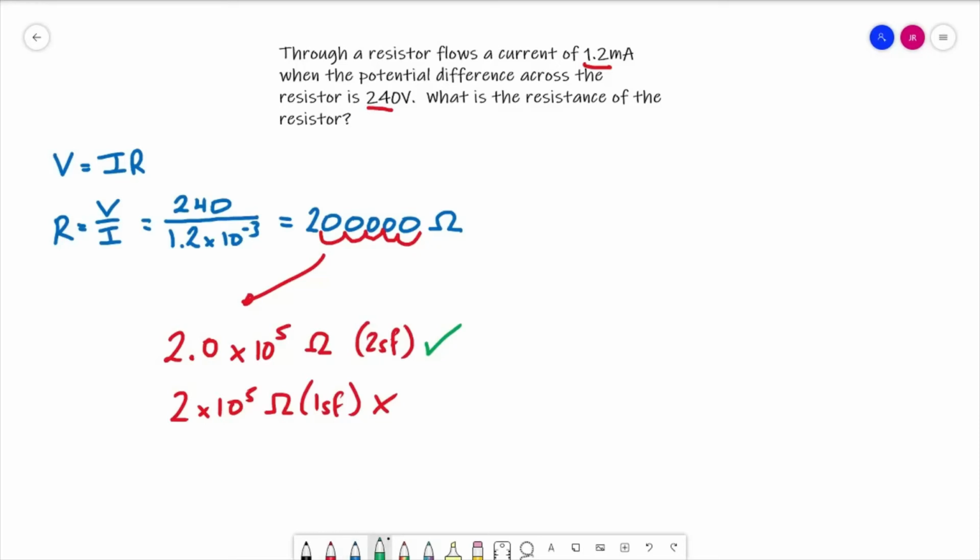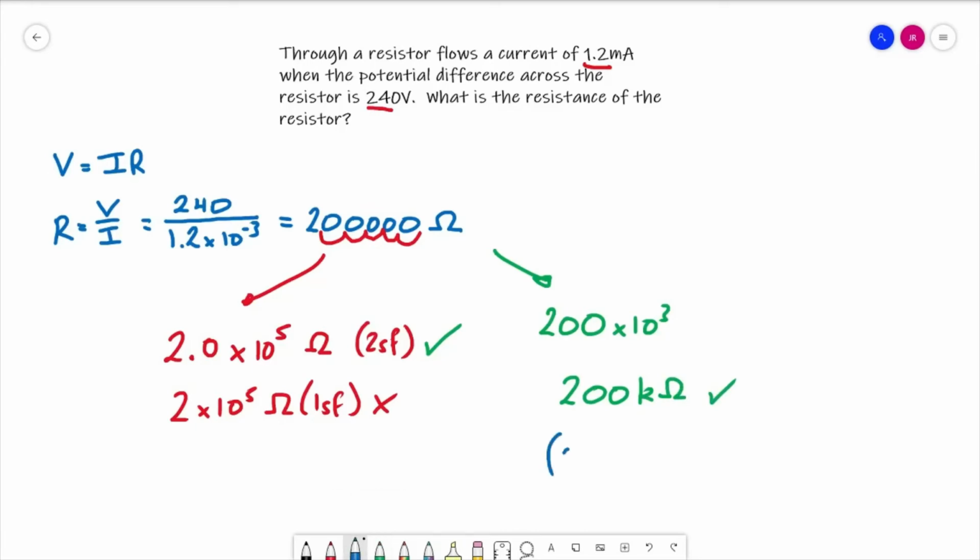The other way, of course, that we can go with this is to go down the SI prefix route, using the ENG button, which is of course an extremely useful button in order to do our standard form. We end up with 200 times 10 cubed on our calculator, and therefore we can write that as 200 kiloohms. Again, that would be a perfectly acceptable answer.